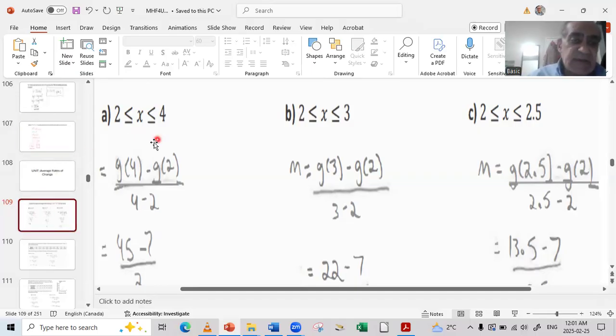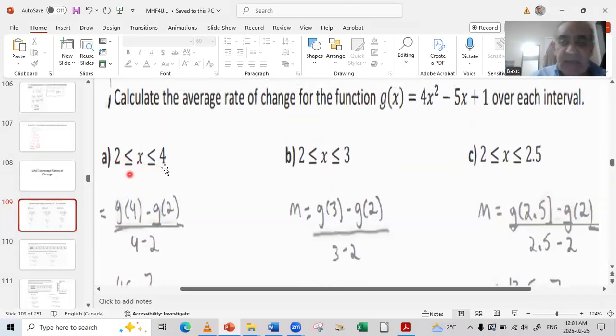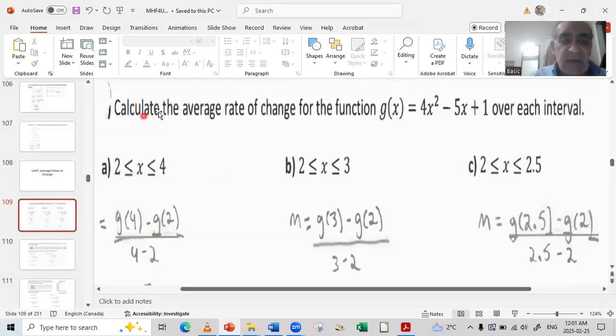So I have facts here, as an example, x is ranging between 2 and 4. Let us see what the example is saying. Calculate the average rate of change for the function g(x) equals 4x squared minus 5x plus 1 over each interval. I have two intervals here.